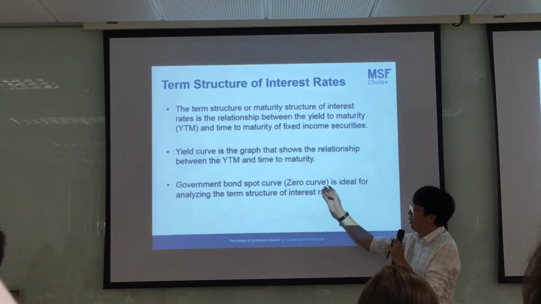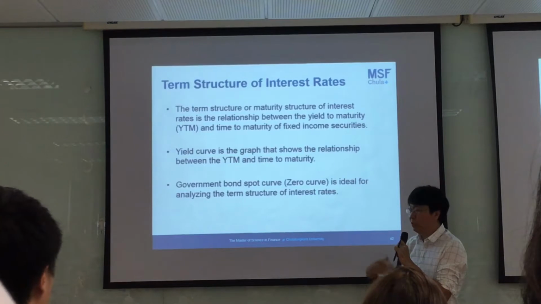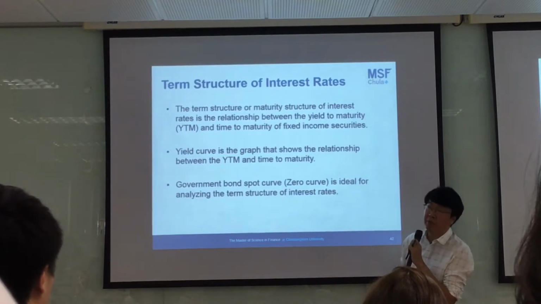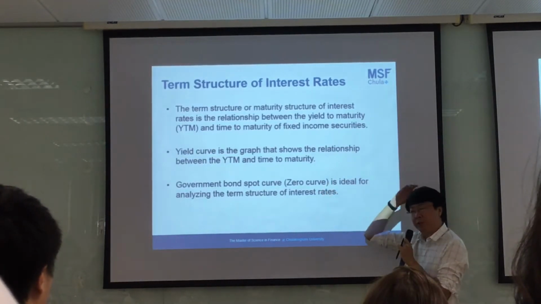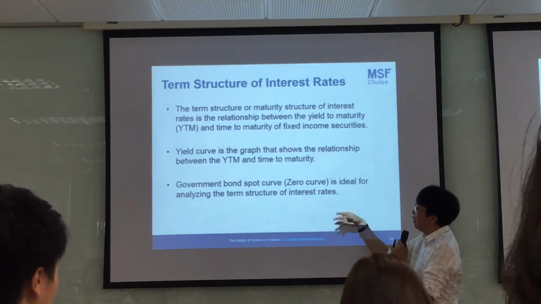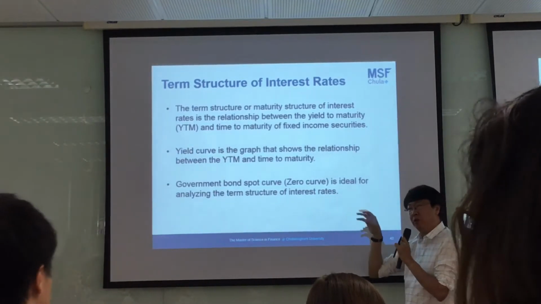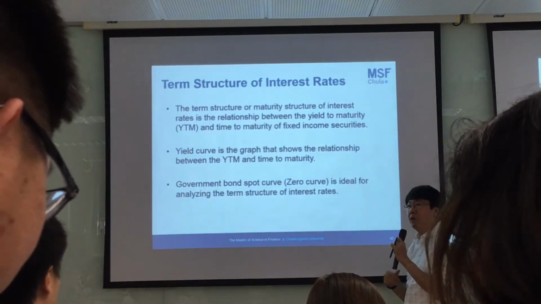Why do we have to use a zero coupon bond? This is because to avoid some other risks like reinvestment risk. We'll talk about this later. So ideally, in order to estimate or construct the yield curve, we prefer to use the zero coupon government bond.